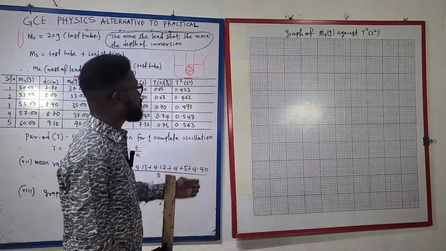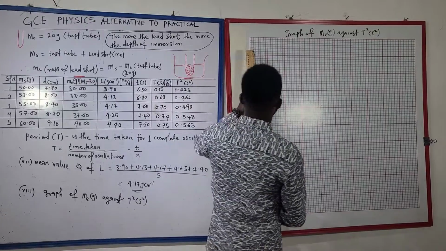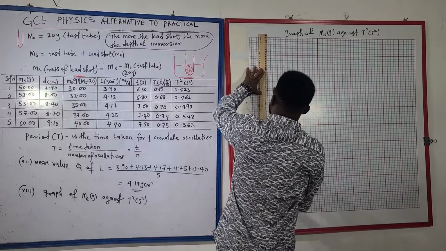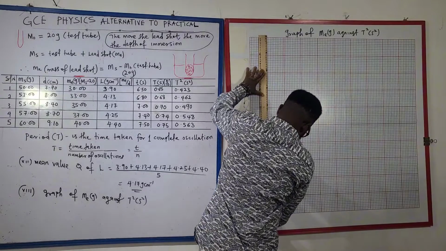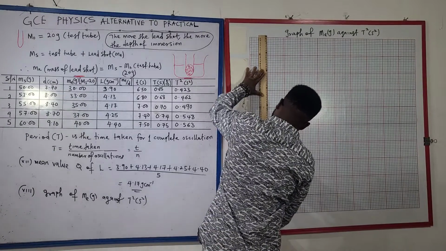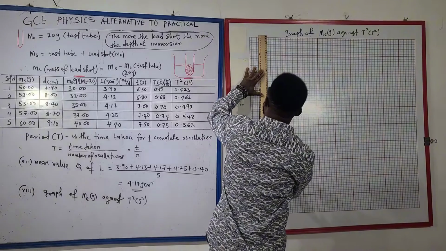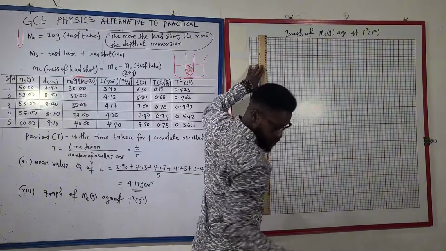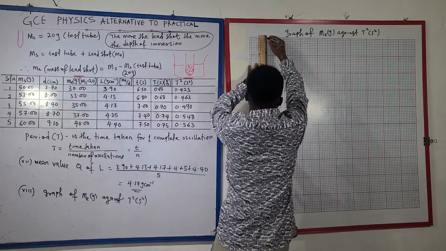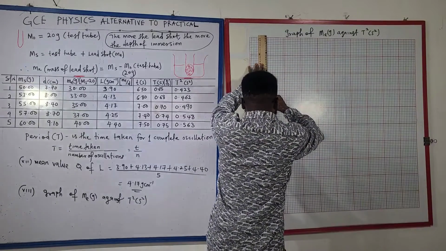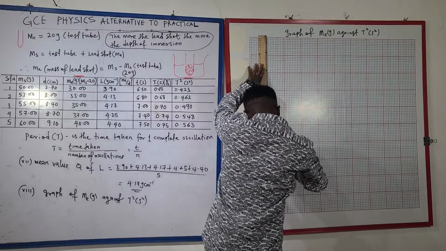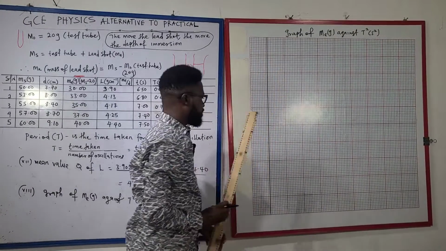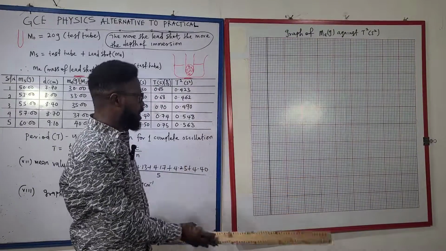We want to plot a graph of ME against T square. Of course, the very first thing you want to do is draw a line for your vertical axis, and I'm going to do that right away. It's going to be just a line, no broken lines. You can see that, just one line.